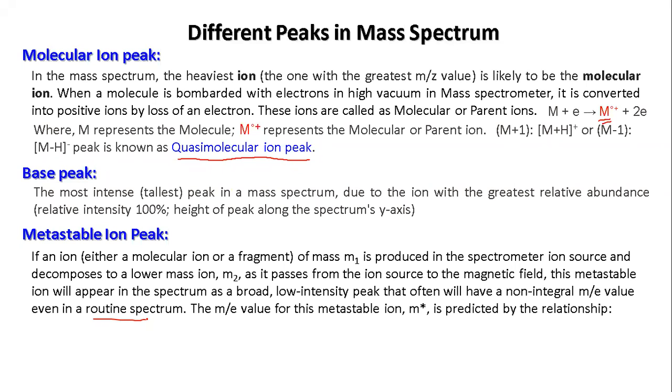You can add water or some gases and easily find out. If you look at two peaks and subtract them, you will find a value generally equal to the mass of some neutral species or radical species. In that way, the higher and lower m/z are generally connected.